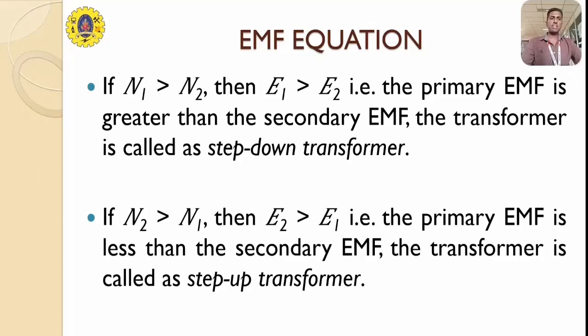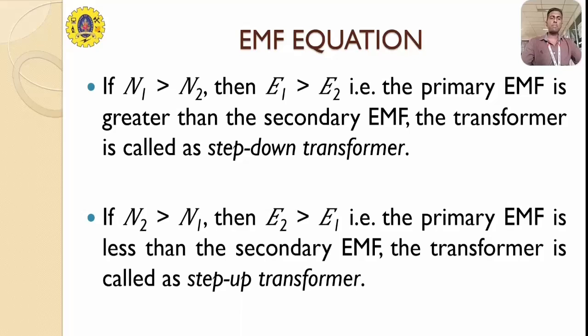And the second condition is that the number of turns in the secondary is greater than the number of turns in the primary coil, right? So the EMF induced in the secondary coil will be greater than the EMF induced in the primary coil. This is the opposite of the first condition.